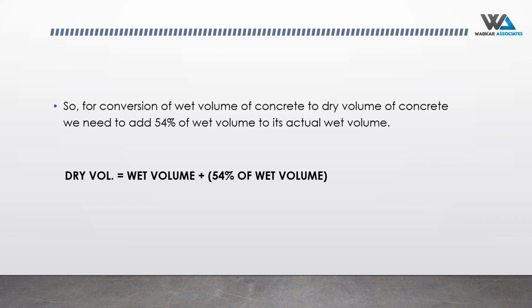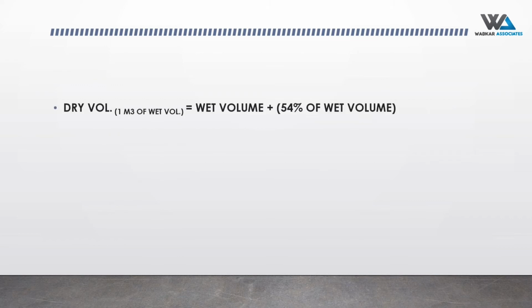So, to calculate dry volume of a concrete for 1 meter cube wet volume concrete, we need to add to the wet volume, that is 1, 54% of its wet volume. To convert percentage into fraction, 54% will be 54 divided by 100 into wet volume, which is 1.